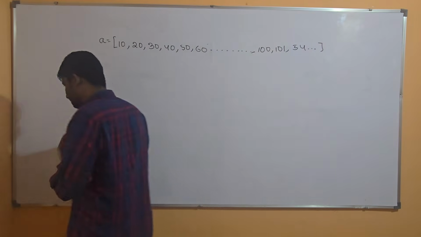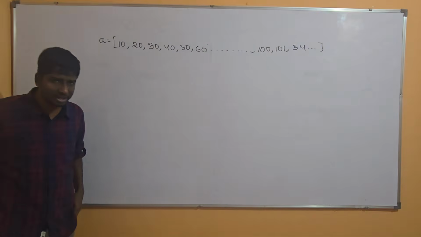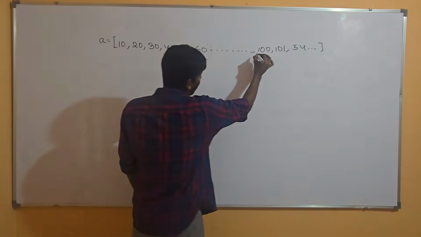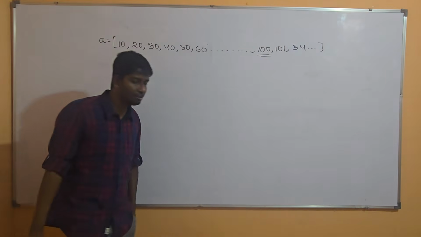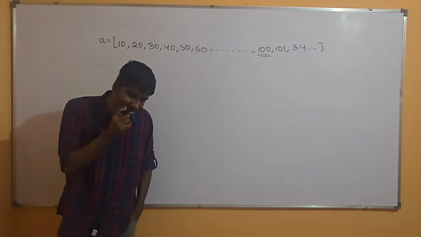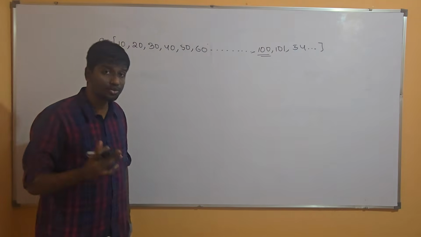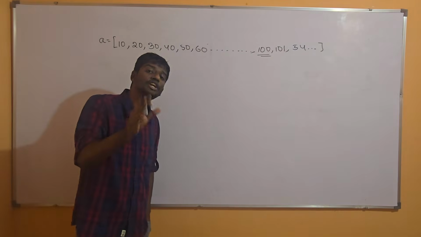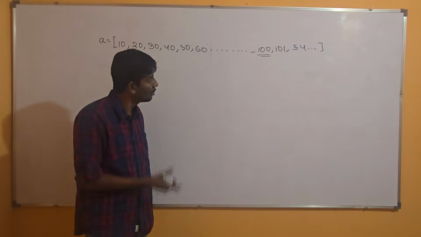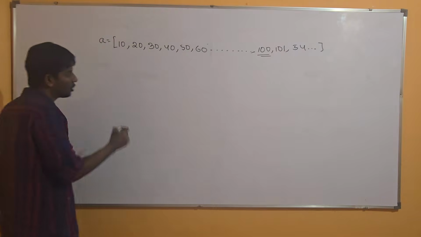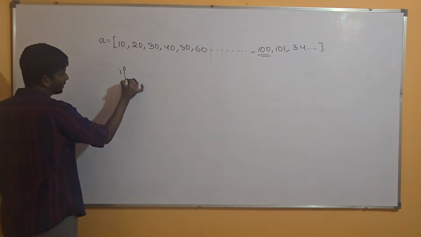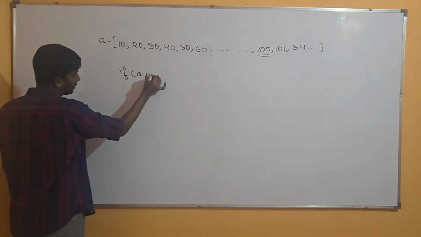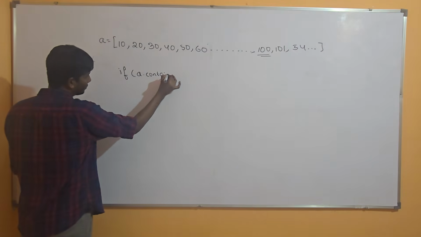Now the array list is very big. I want to remove 100 from this. To remove 100 from this, you need to get the index number. To get the index number, first of all you need to know if 100 is there or not. For that you will write this if condition: if A dot contains 100.